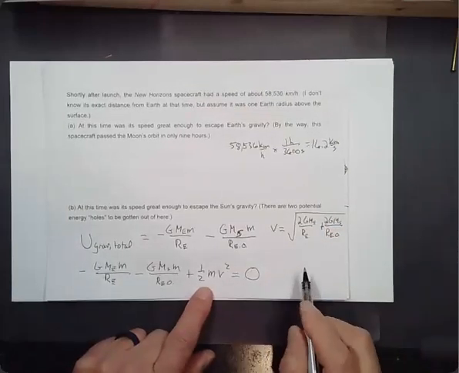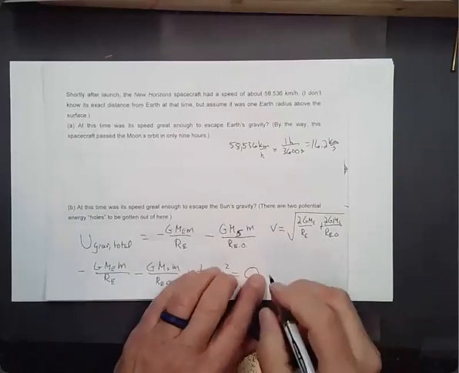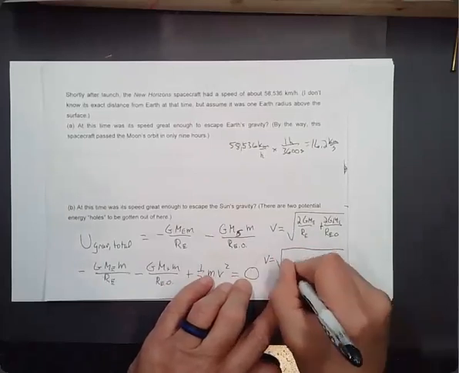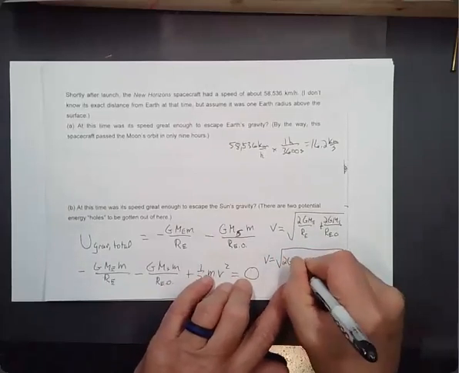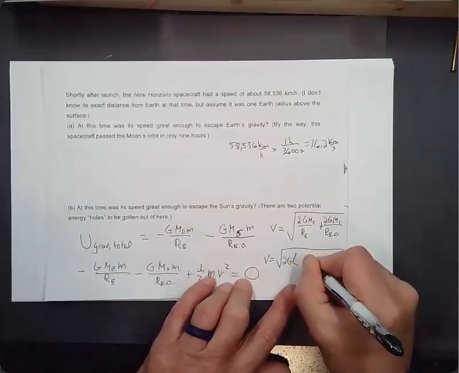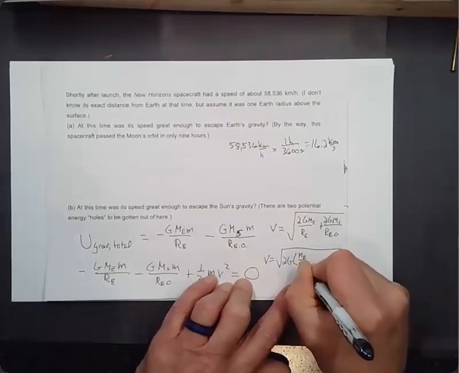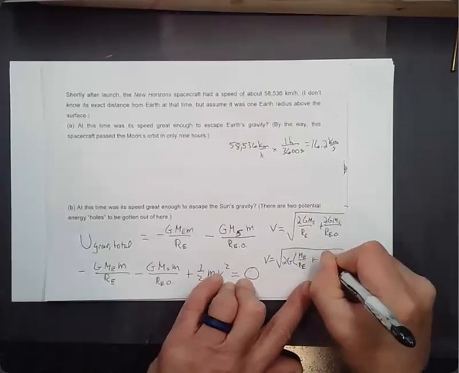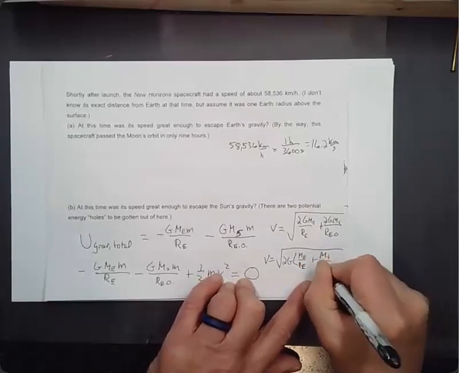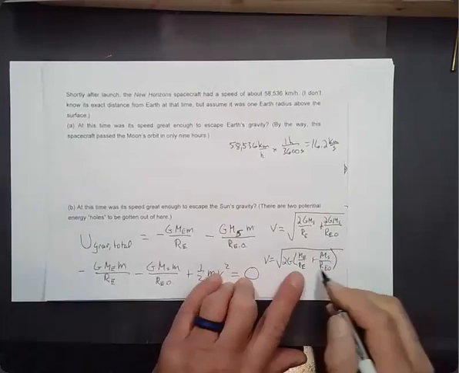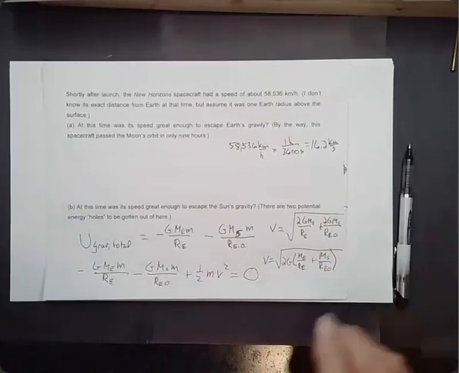And that's the speed we have to have. Oh, I can do a little bit of work in there. V is going to equal the square root of 2 capital G times the mass of the Earth over the radius of the Earth plus the mass of the sun over the radius of the Earth's orbit. Okay, so that breaks down a little bit.